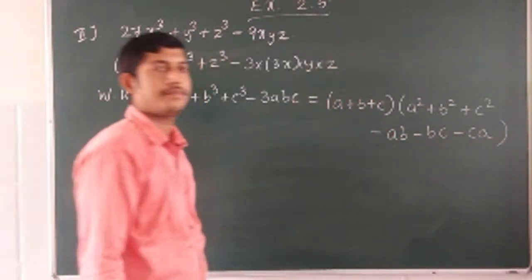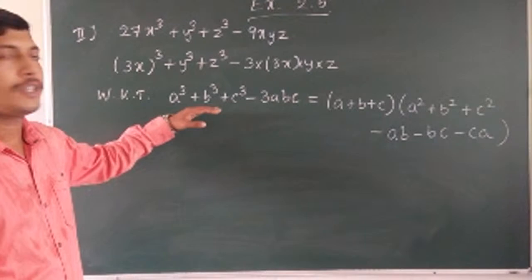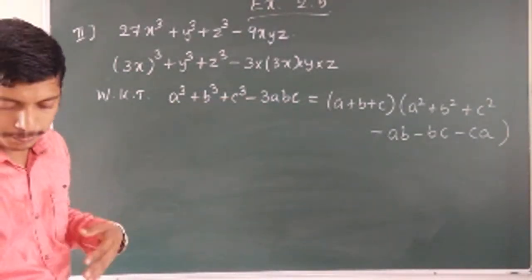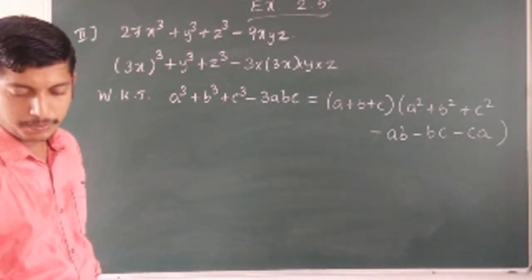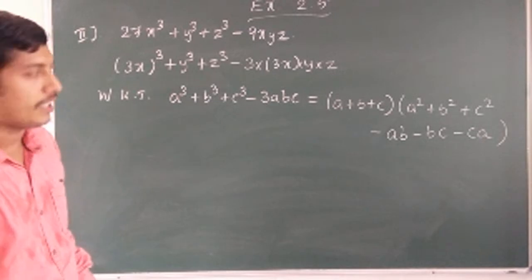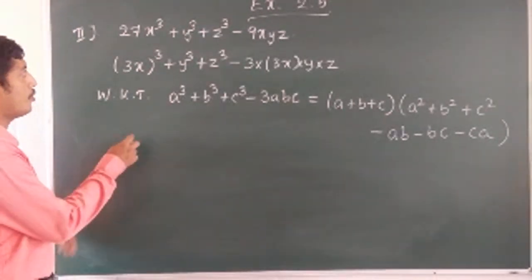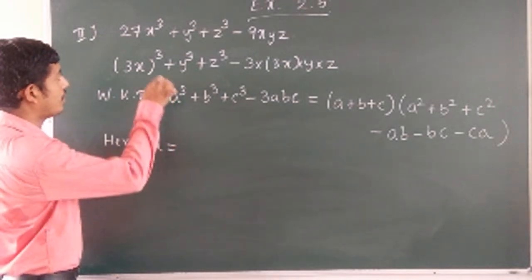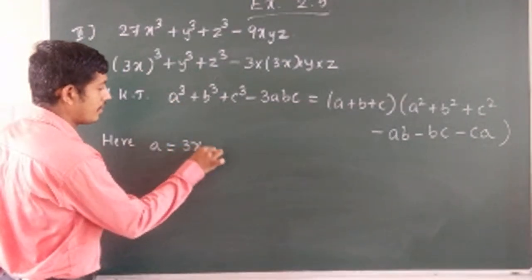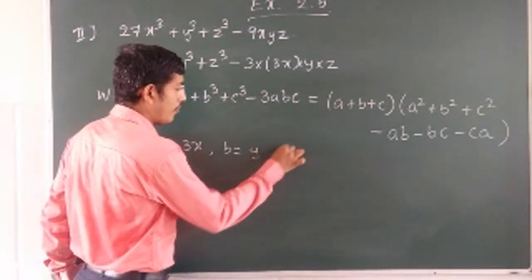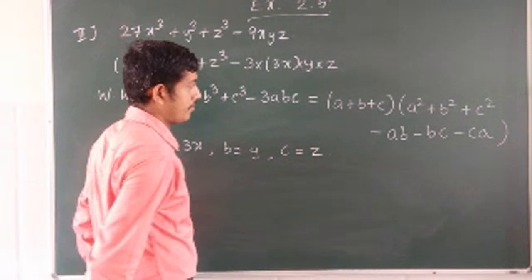Correct? A cube plus B cube plus C cube minus 3 times of ABC equals A plus B plus C into A square plus B square plus C square minus AB minus BC minus CA. So now we will substitute: the value of A is 3x, value of B is y, and value of C is z.